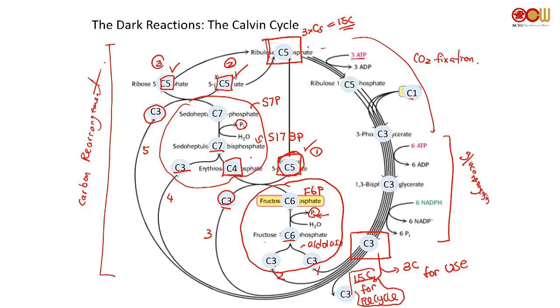I really like this particular figure because it shows that to produce one G3P, you need to have 3 reactions of the CO2 fixation.